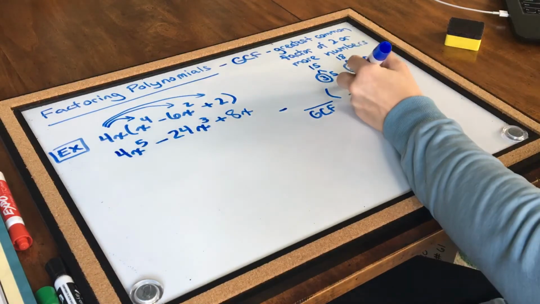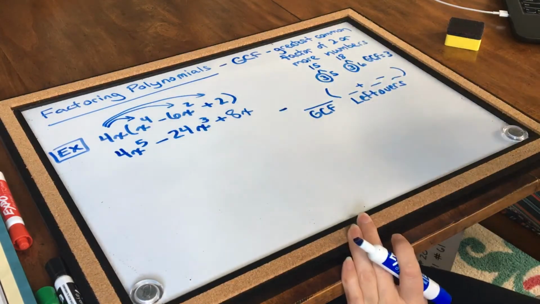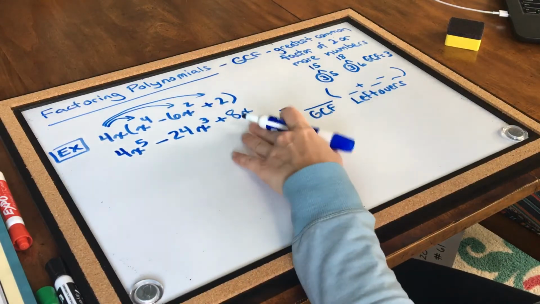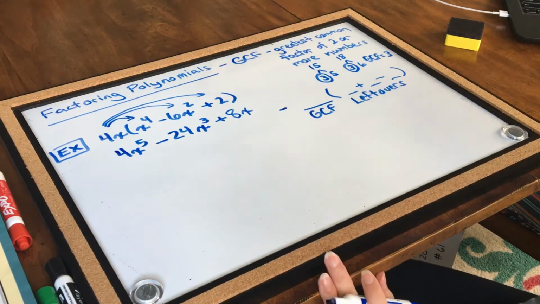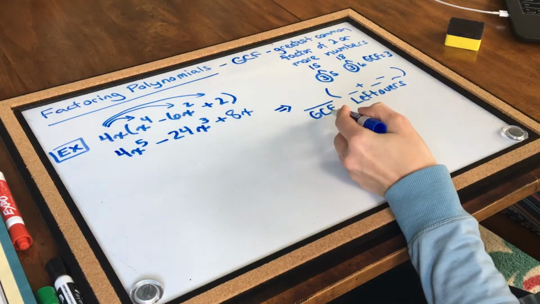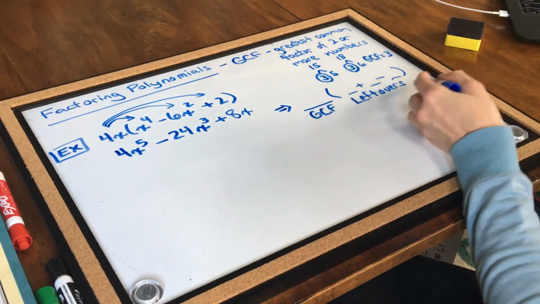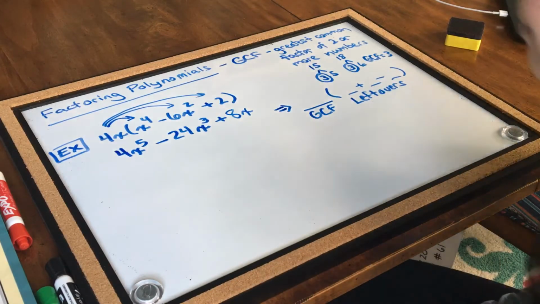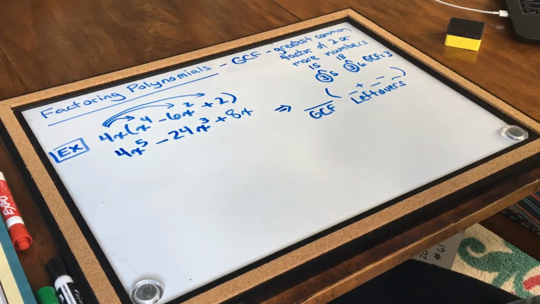And there might be addition signs, there might be subtraction signs in here, okay? Sometimes we have a binomial, 2 terms, a trinomial like this one, 3 terms. It doesn't matter. The important thing is that this is our goal. So we're going to have our GCF on the outside and our leftovers are going to go on the inside, okay? All right, so let's do this.